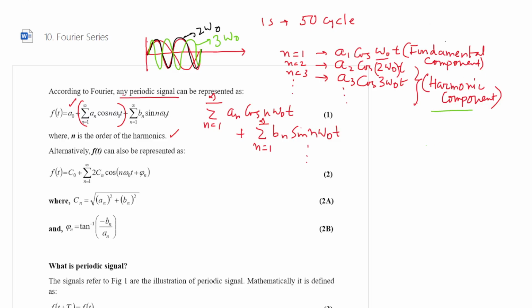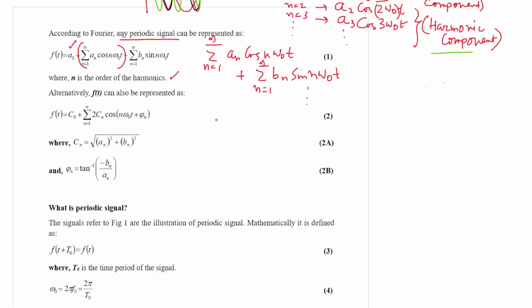When n is equal to 1, it is called fundamental, and when n is other than 1, it's called harmonics. So any periodic function f(t) can be written as a0, which is a DC term, plus the summation of cosine terms an cos n omega naught t.